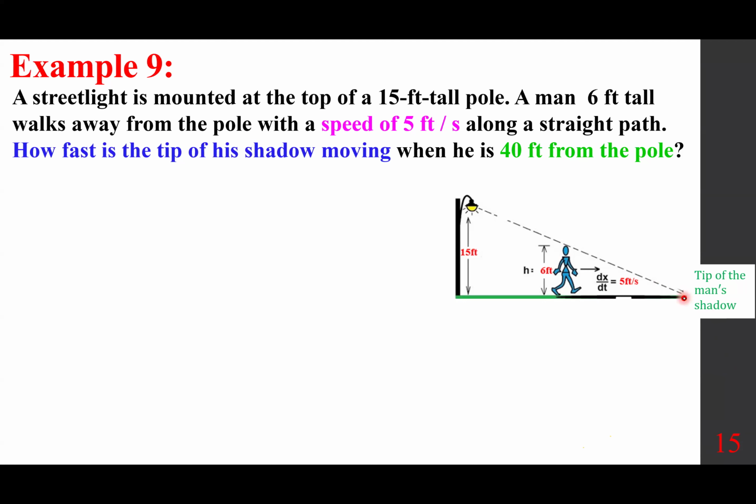So when he covers this much, which we are going to define as, for example, X, the tip of the shadow covers this much, which we are going to define as, for example, Y. So when the man covers X feet, his shadow covers Y feet.